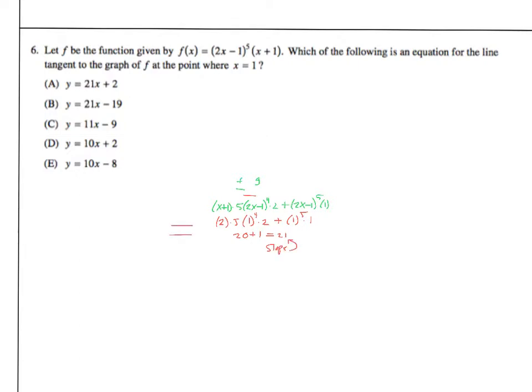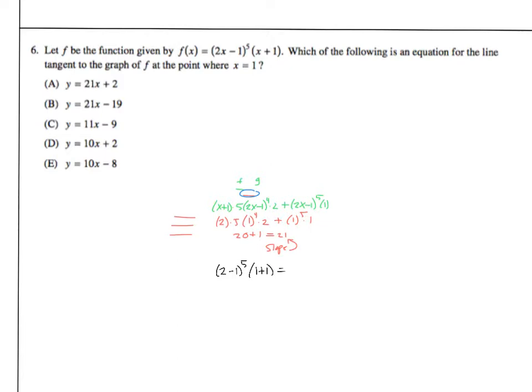That eliminates 3 of my 5 answers. And then finding the value of the y-intercept, let's plug in. Plugging 1 in, sorry if there's some jumpy stuff in the recording. I overwrote some stuff and messed some things up. We're going to have 2 times 1 is 2 minus 1 to the 5th. And then 1 plus 1 is 2.